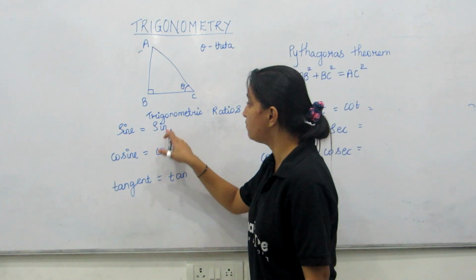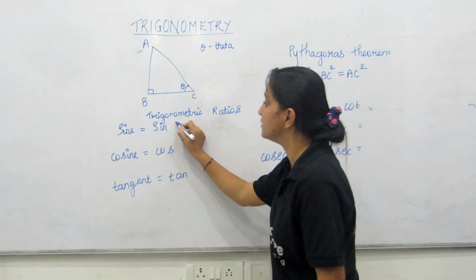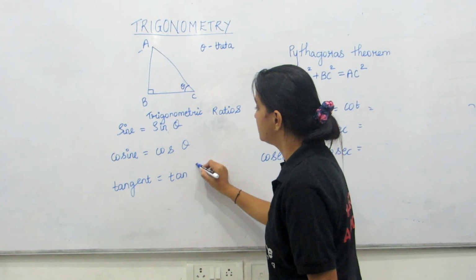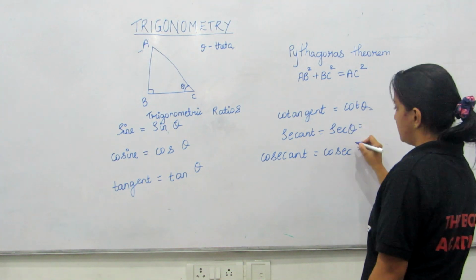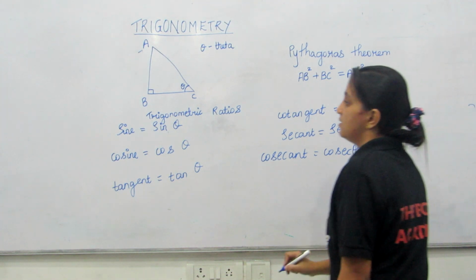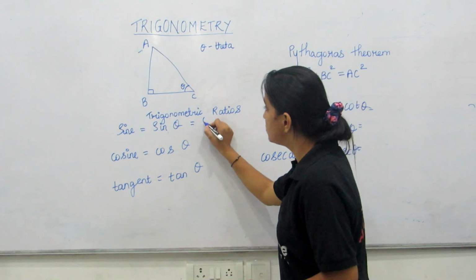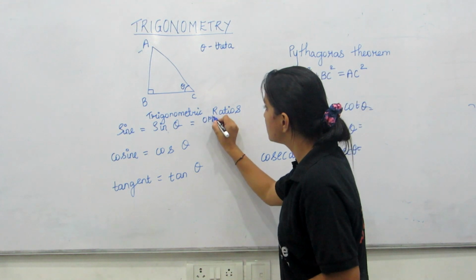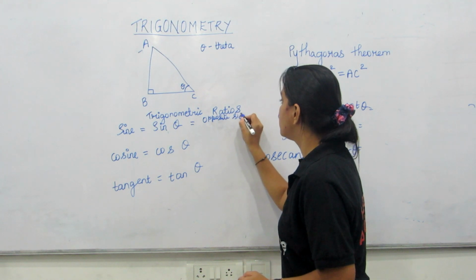Now sin theta, cos theta, tan theta, cot theta, sec theta, then cosec theta. Now the sin theta definition is given by opposite side upon hypotenuse.